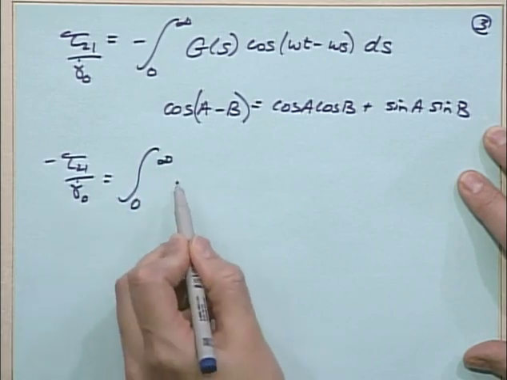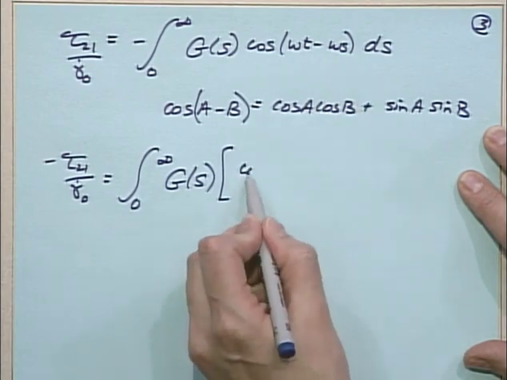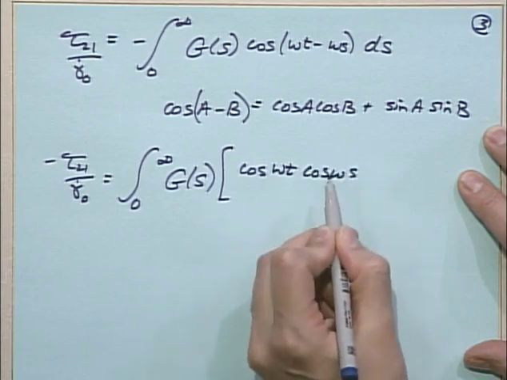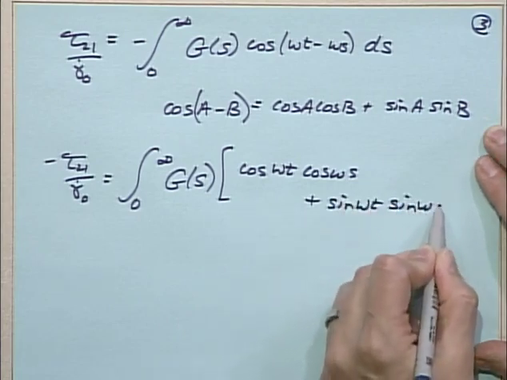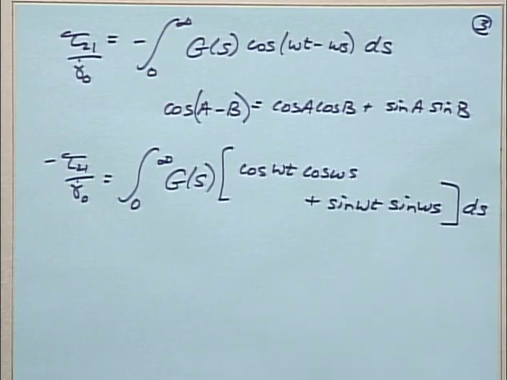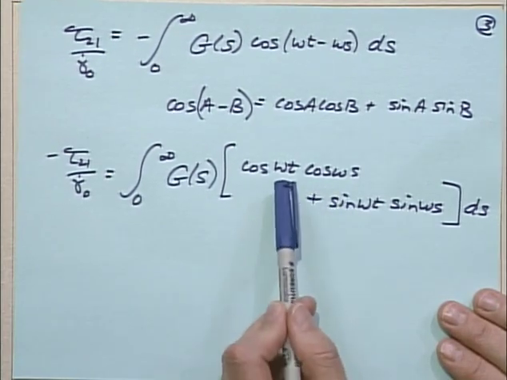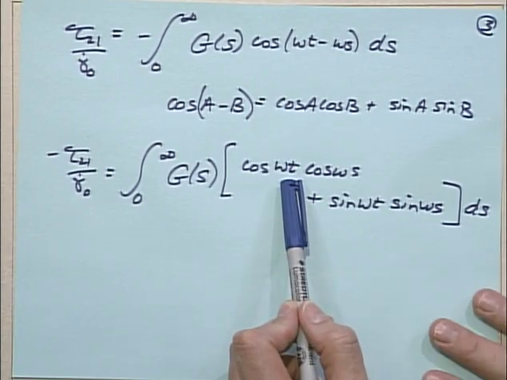Integral from 0 to infinity of g of s times. So this is cosine of A minus B is equal to cos A cos B plus sine A sine B. Now I'm going to break this up into two integrals, and the omega t part is not a function of s, so it can be brought out of the integral.